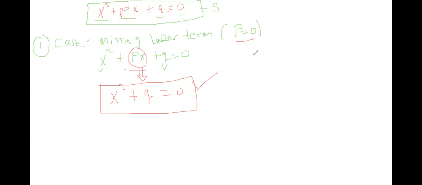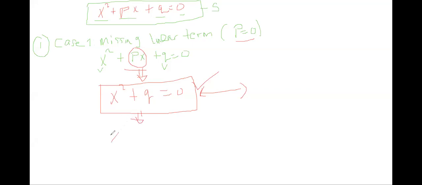So, for example, this is a general form. Let's look at an example like this. If we want to solve this equation, what does it mean to solve it? To find the value of x, not x raised to the power of 2.